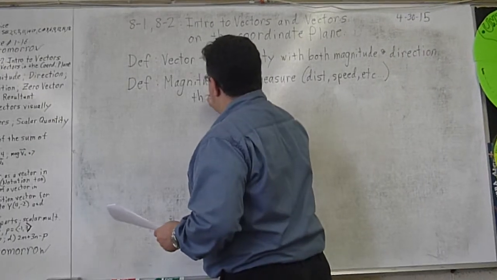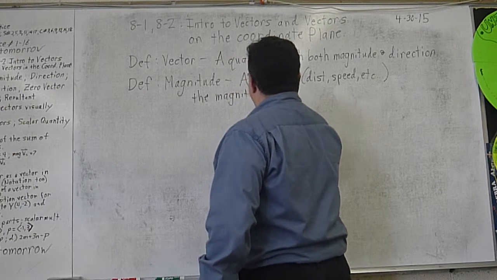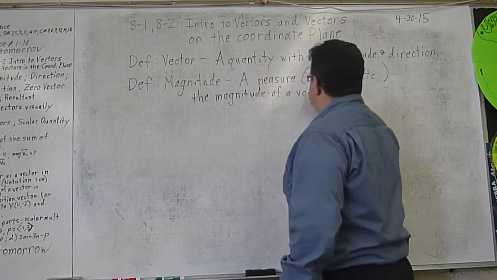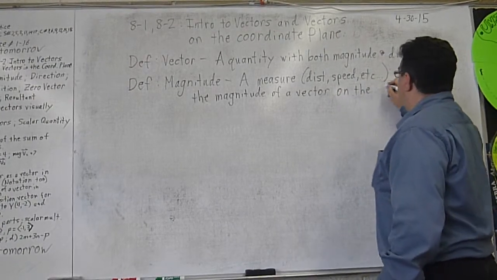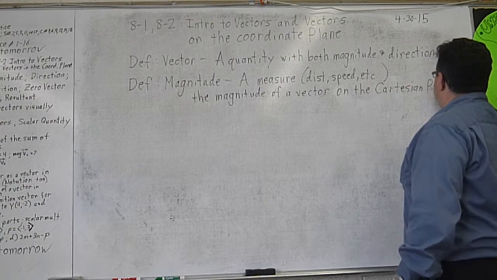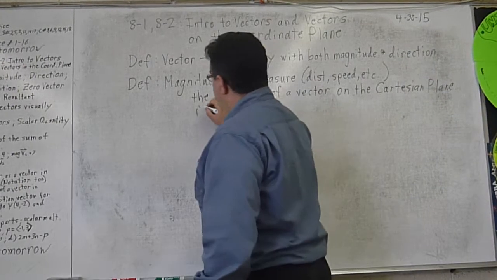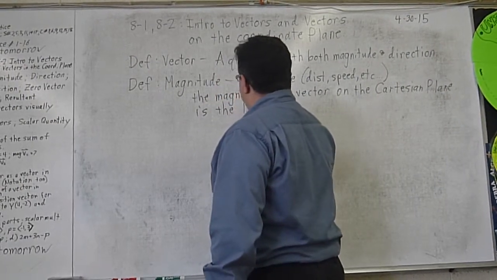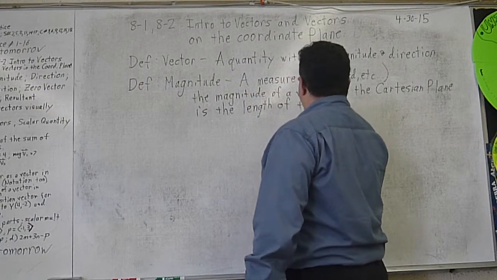And then below this, the magnitude of a vector on the Cartesian plane is the length of the vector.